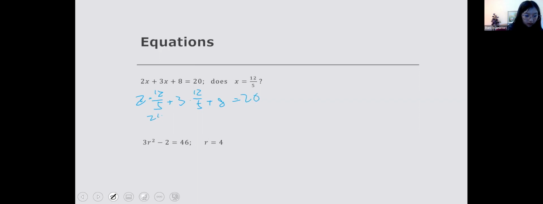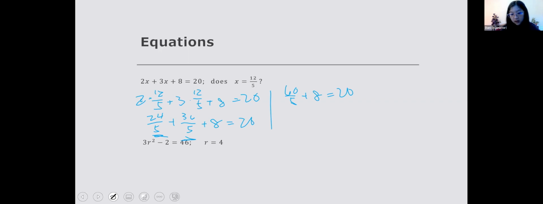That is 24 over 5 plus 36 over 5 plus 8. Adding the first two gives 60 over 5 plus 8, and 60 over 5 simplifies to 12. Does 12 plus 8 equal 20? Yes, so this is yes.